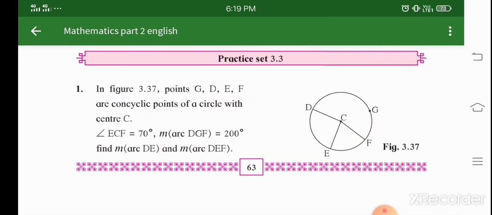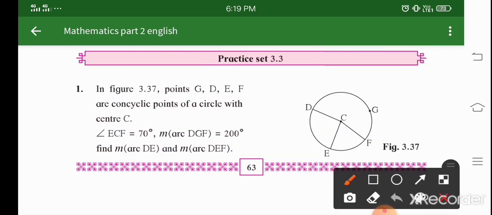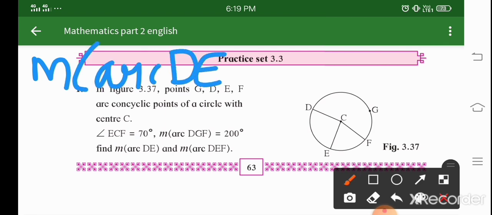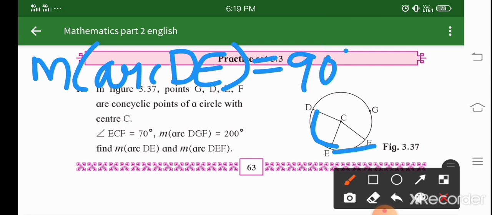Now we got the value of DE. So you can just write over there, arc DE is equal to 90 degrees. Okay, now we have this DE, we have this. So similarly we can use again that property of sum of measure of arcs.